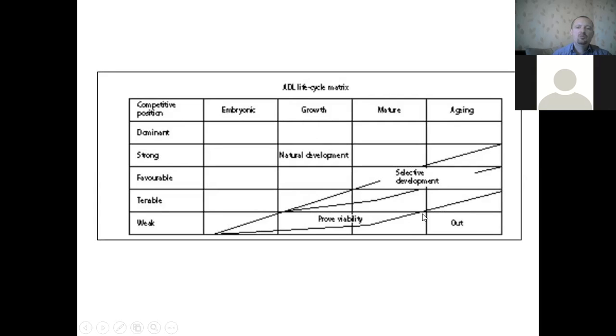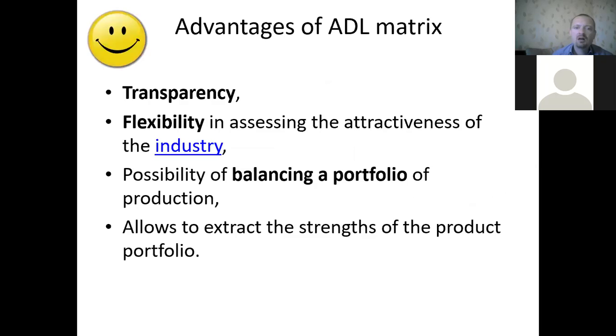And if we are here, we have to divest our strategical business units. It means that we have to use the money generated by these strategical business units for different strategical business units of our company.